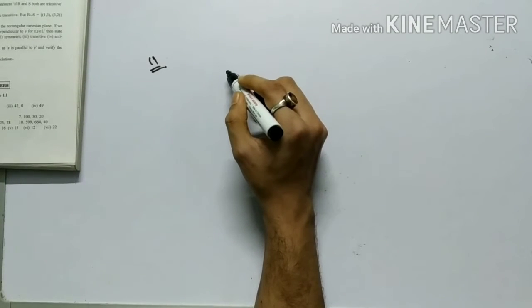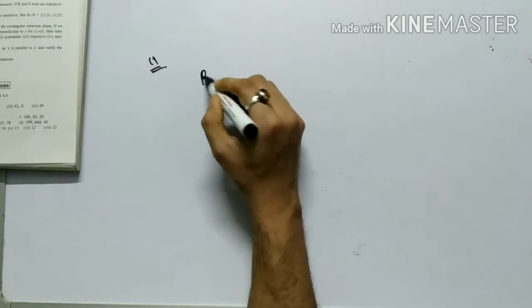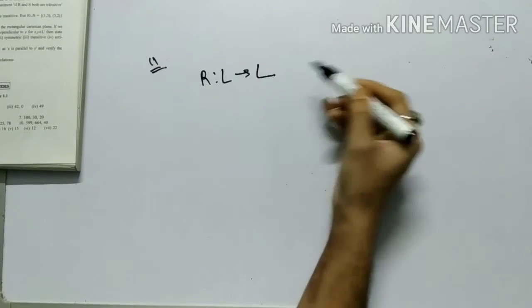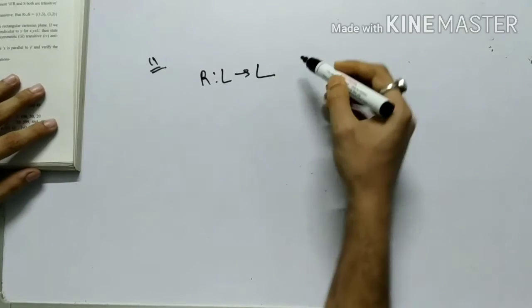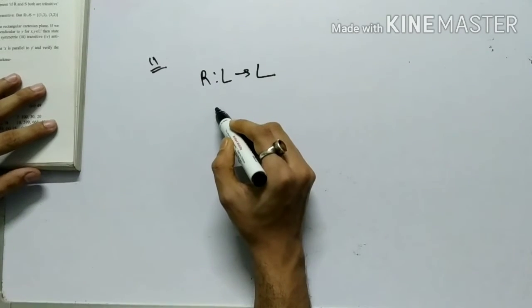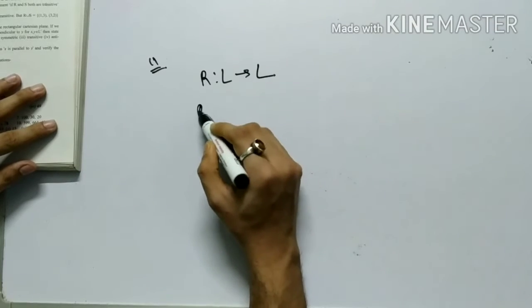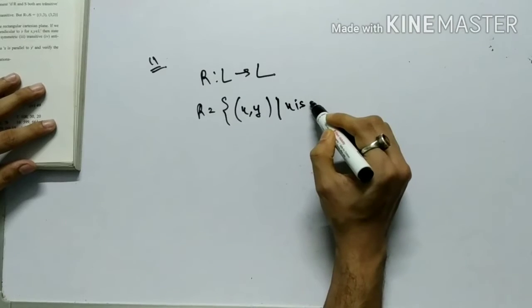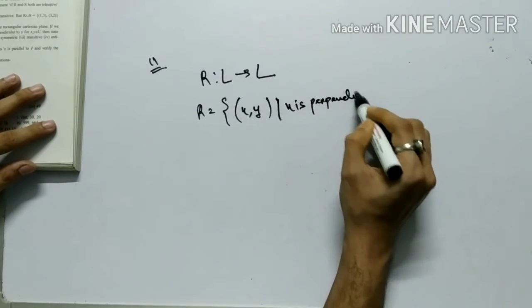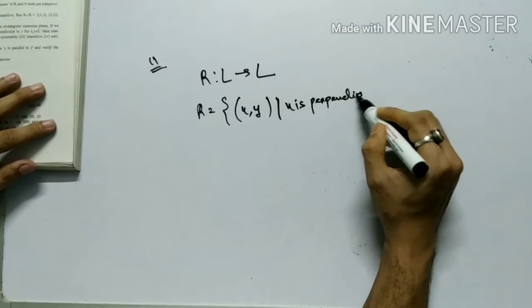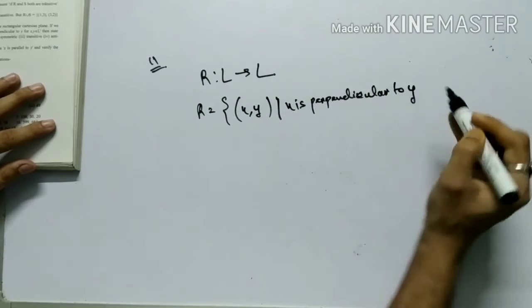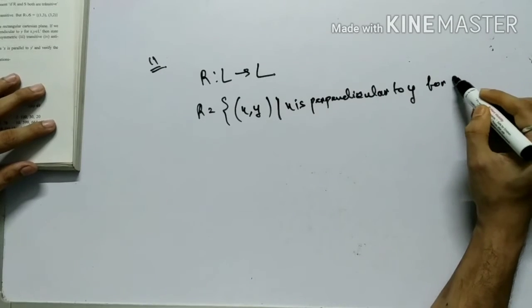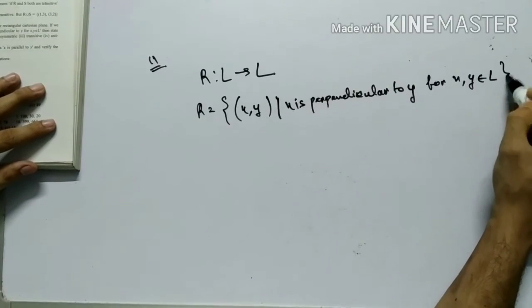So R is equal to {(x, y) such that x is perpendicular to y}, for x, y belonging to L.